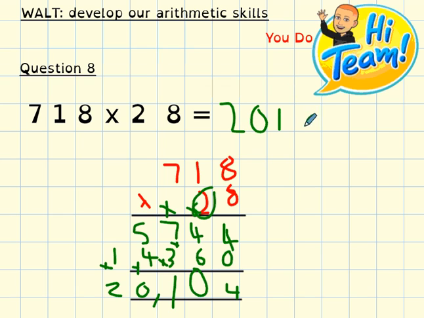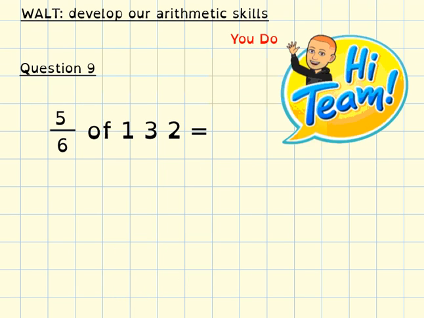Second to last question. 5/6 of 132. 132. I need to divide by 6. 6 into 1, 0, exchange the 1. 6s into 13, I can make 2 groups of 6.